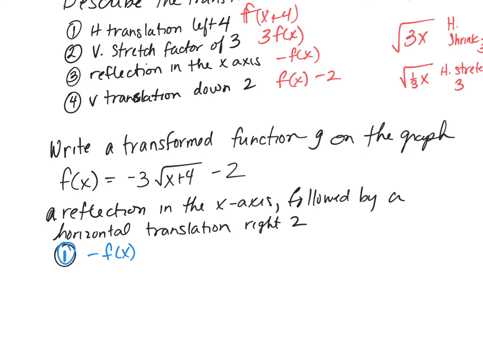So I'm going to multiply negative times the whole function. And the biggest mistake is we're not distributing this correctly. So negative times -3 is 3, square root of x plus 4, and negative times -2 is plus 2. Right, we have to change them both because we're reflecting it.